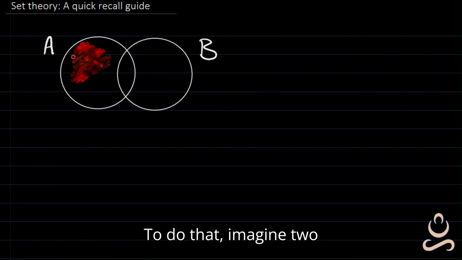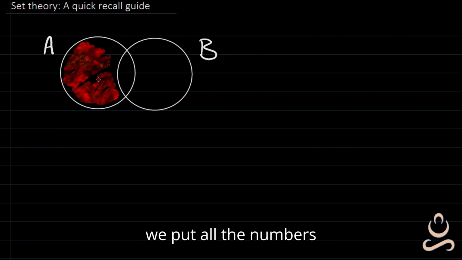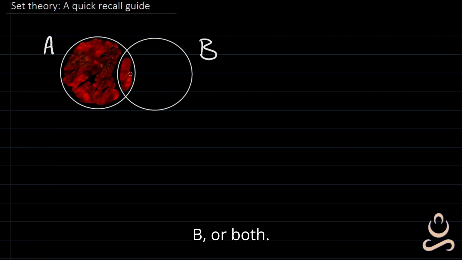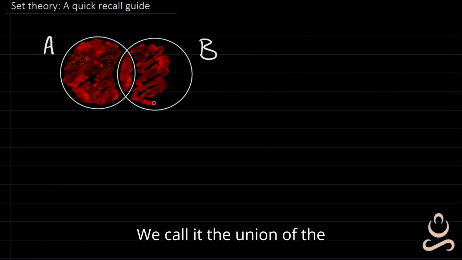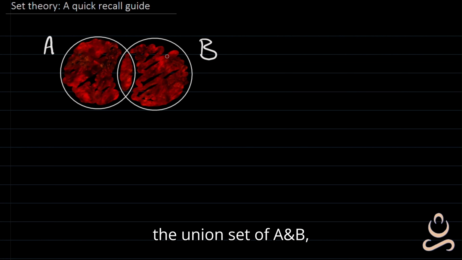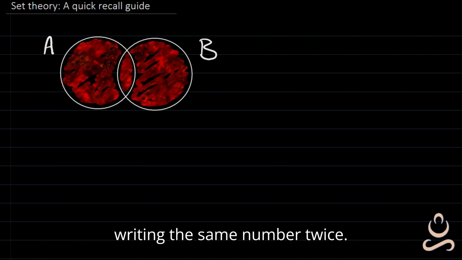To do that, imagine two sets A and B. When we put all the numbers that are in either A or B or both, we call it the union of the sets. To write the union set of A and B, just list all the numbers from both sets without writing the same number twice.